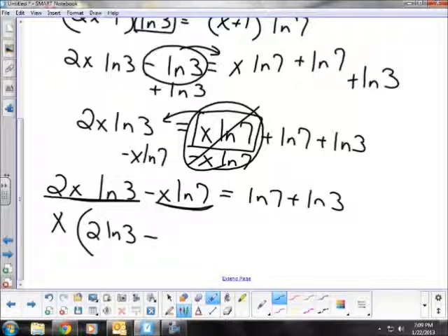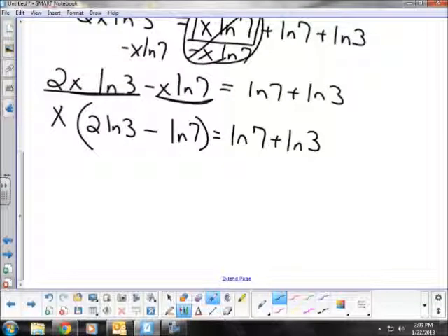If I factor my x out of here, what's left? The ln of 7. And then, of course, I'm not doing anything to the other side, so I just got to write it down. Now I've got x times that thing, so I can just divide by that thing. It's kind of ugly, but I can still divide by it, right? So that'll get it on over there.